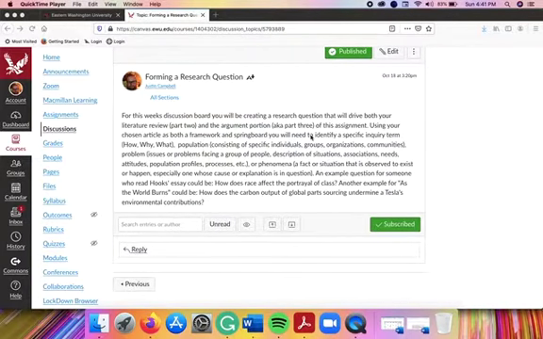So the easiest way to think about this is, using the article you read, you have to talk about something that is in connection with that. So if you read the one on the environment, a good one for you, and I go over how to whittle this down, and we will go over it, is you want to identify a group of people, or population, the problem, or the phenomena.